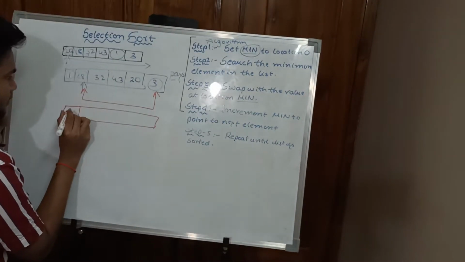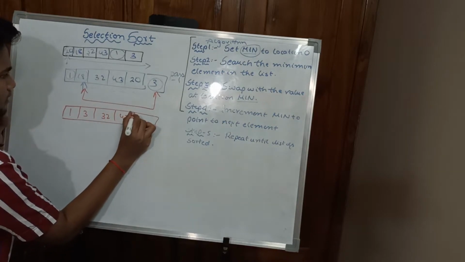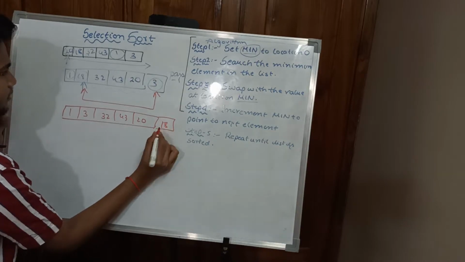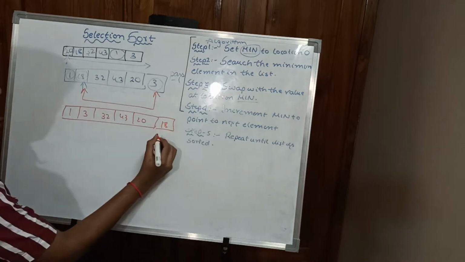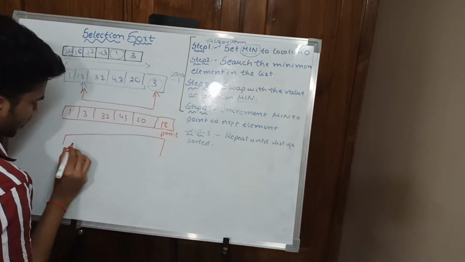When we swap it, we get 1, 3, 32, 43, 20 and 18, by the end of pass 2. Now by the end of pass 3, you have got the pattern, right?